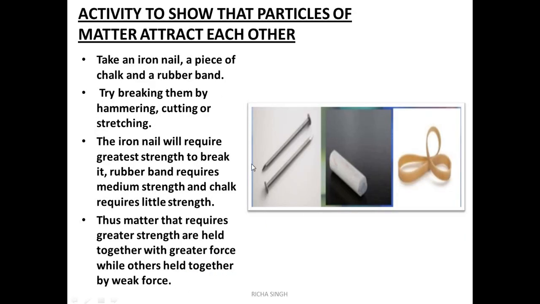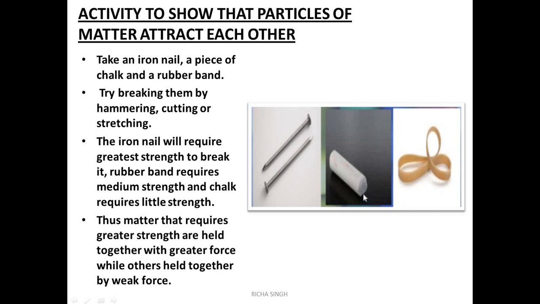Now, the next activity, to show that particles of matter attract each other. You have 3 things: rubber band, chalk and iron nail. You have to break them either by hammering, cutting or stretching. You would require maximum force to break the iron nail, then the rubber band, and least force is required to break chalk.